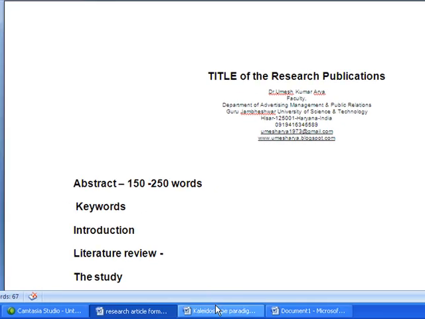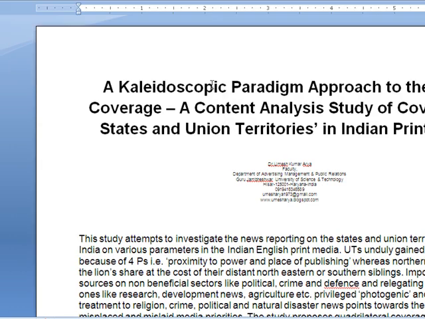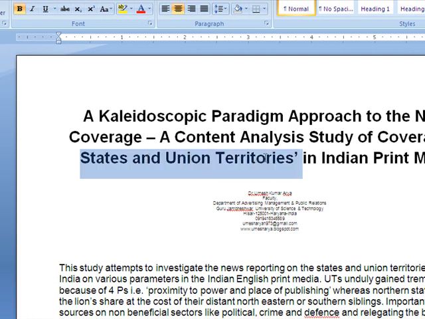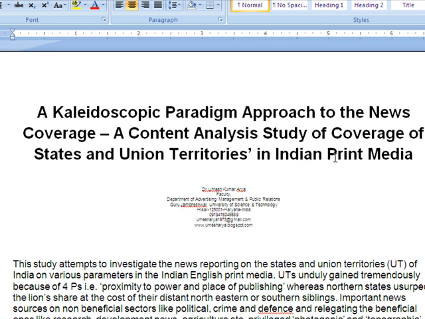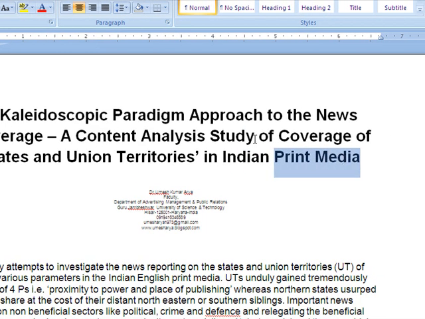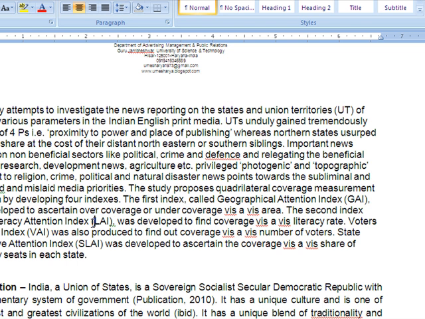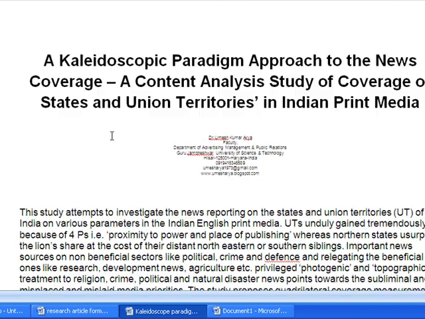For example, the keywords of this publication may be content analysis, states and news coverage, and all the indices developed like LAI, VAI, SLAI, etc. You have to find your own keywords.